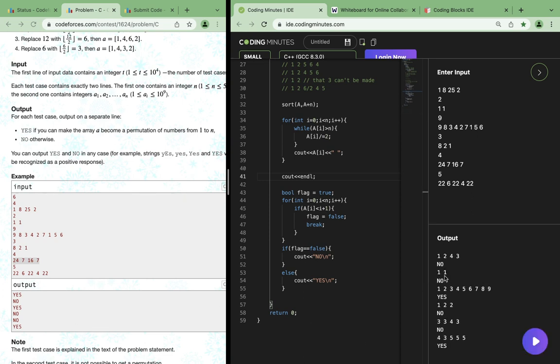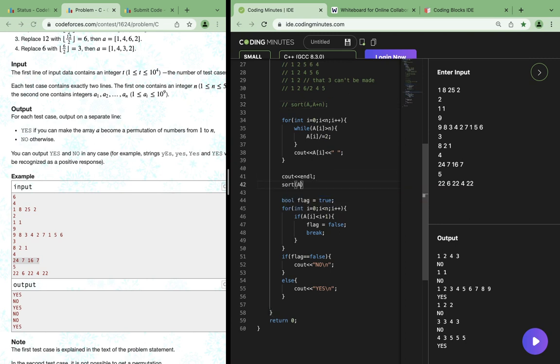So it is giving a wrong answer on the first test case. That is weird. Wait a minute. I should not sort this. Sort it here. Yes, no, yes. Now the below ones are messed up.